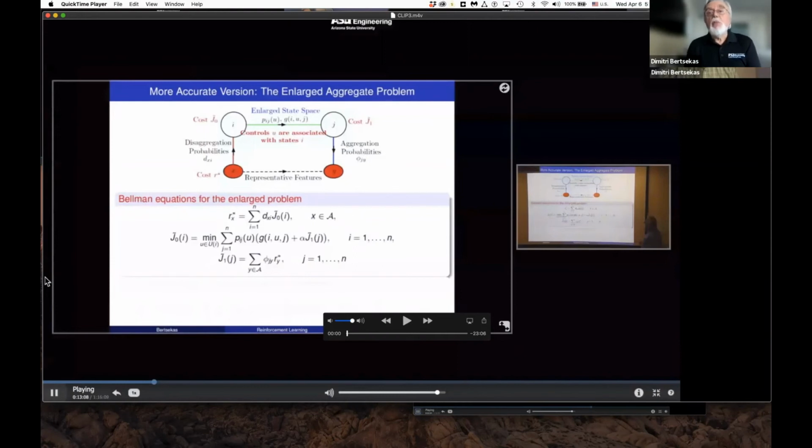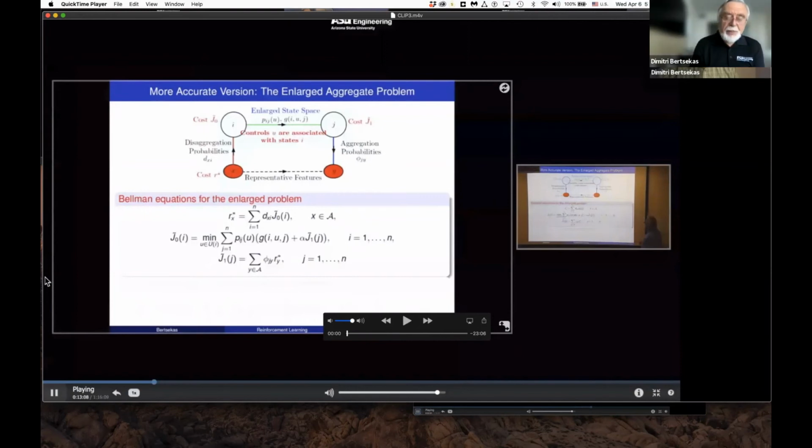And we also consider the more complicated case where the aggregate states are representative features, and each representative feature is associated with a subset of states of the original problem, what we call the footprint of the representative feature.